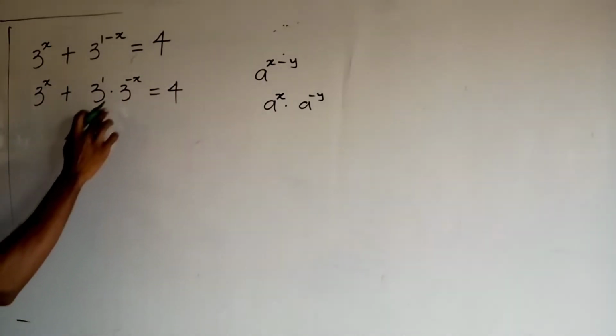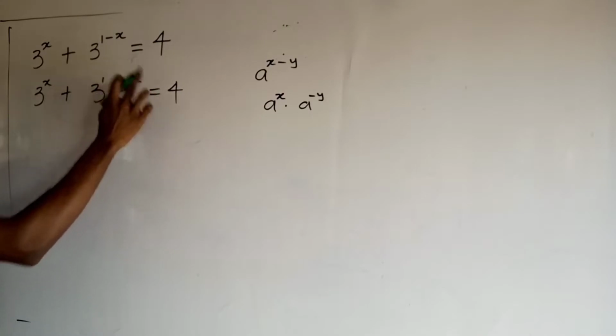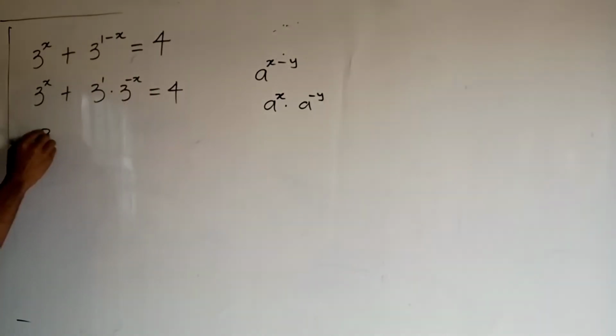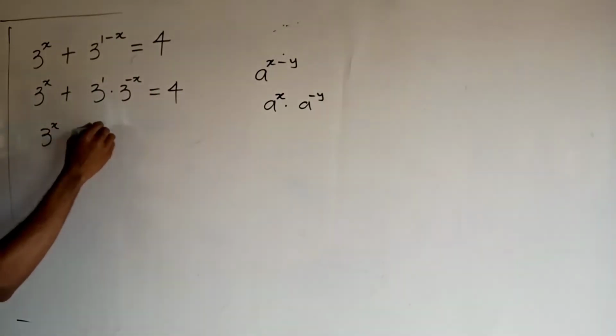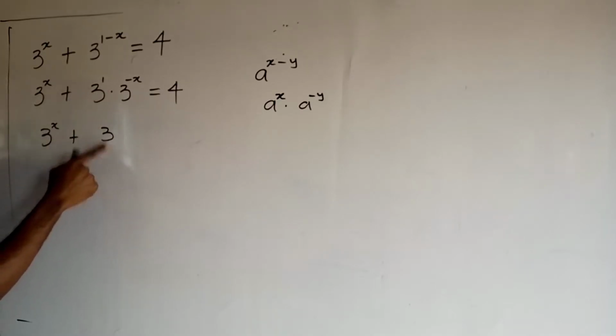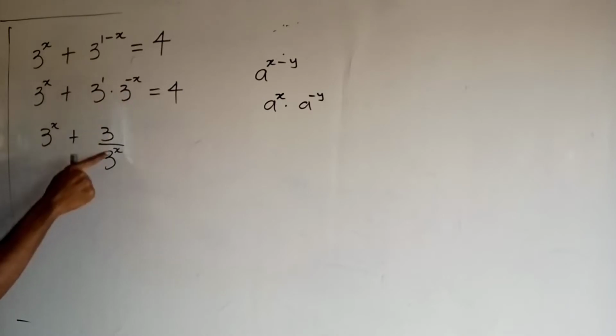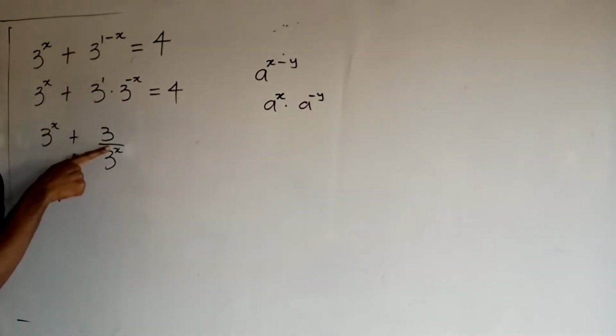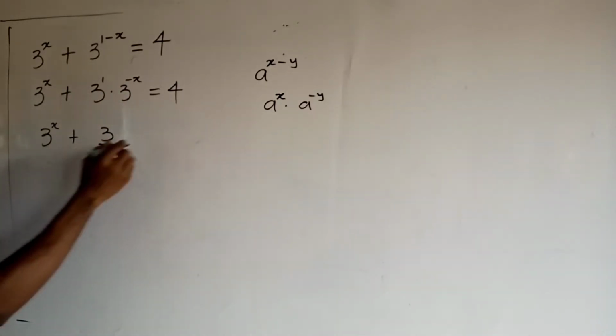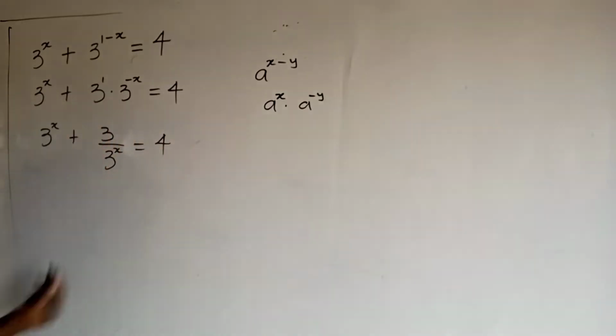If I want to remove this negative exponent, it will become 3 to the power x plus 3 to the power 1, which is the same as 3, all over 3 to the power x, equal to 4.